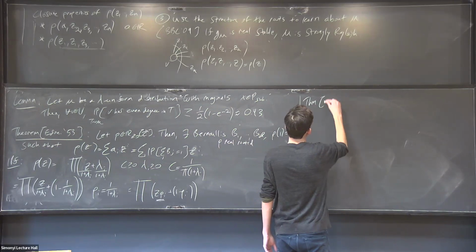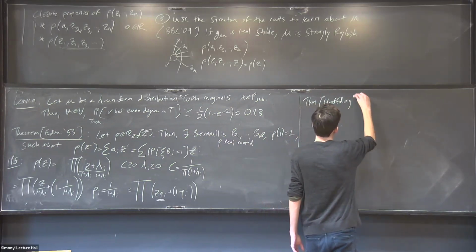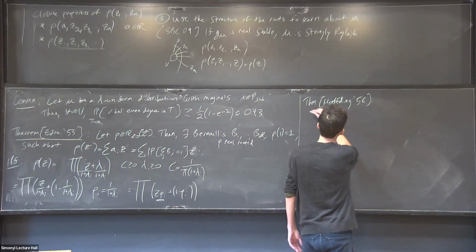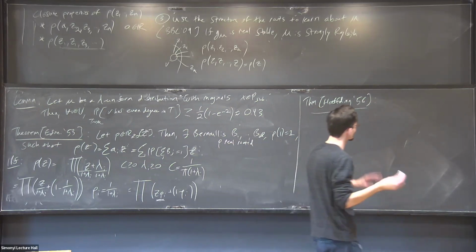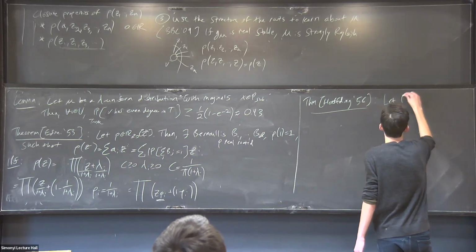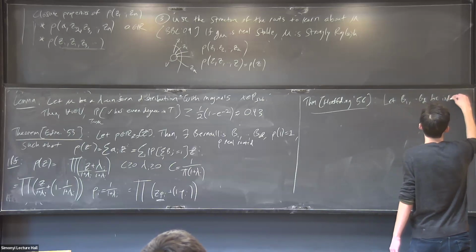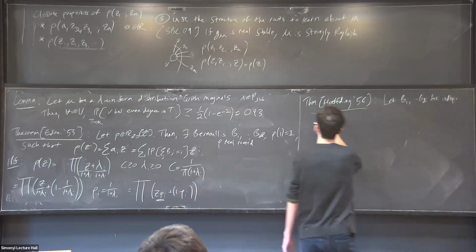This is a theorem from Hoeffding from '56, which I really like, so that's why I'm saying it. So let B1 through BD be independent Bernoullis.